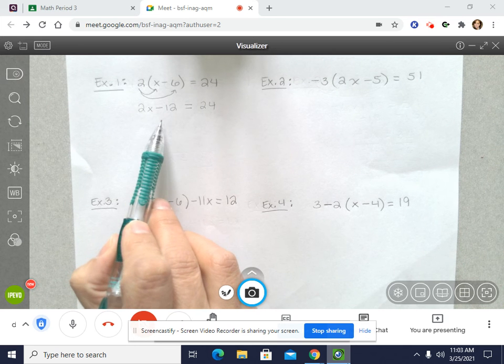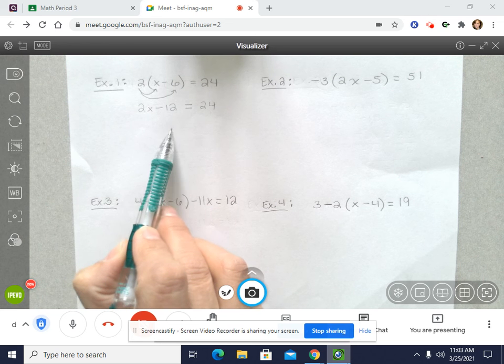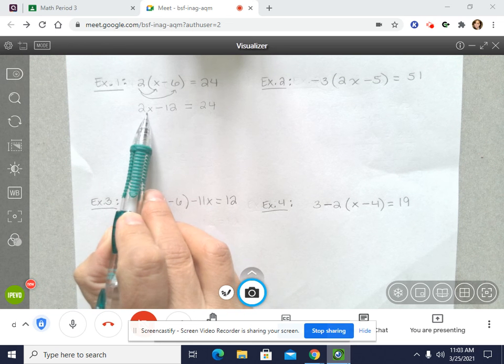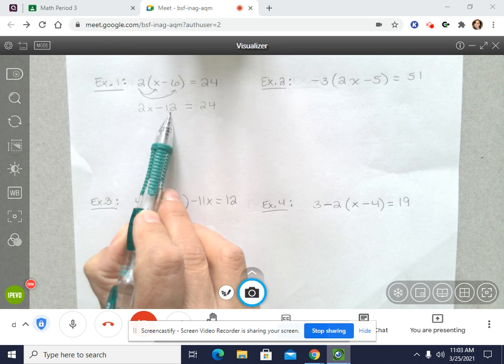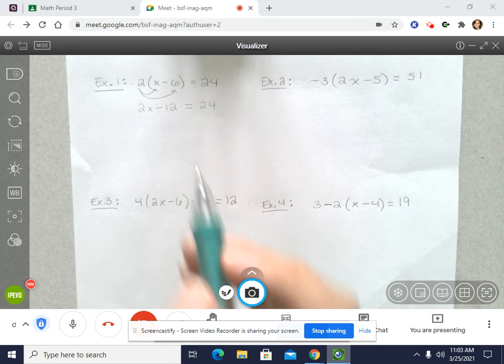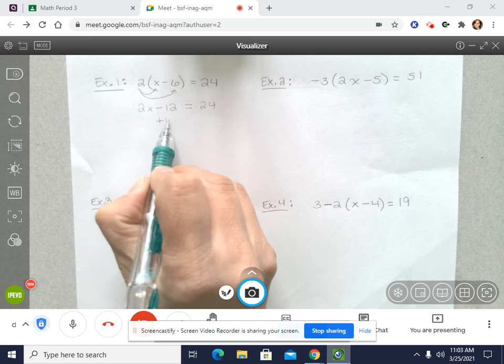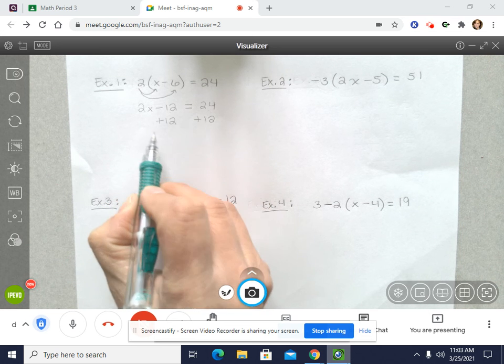Now, is there anything to combine? Are there any like terms on the left-hand side of the equal sign? No, because this one has an x, and this is just a constant, right? And on this side, there's just one term, so there's nothing to combine. We now have a two-step equation. So we undo our subtracting 12 by adding 12 on both sides.